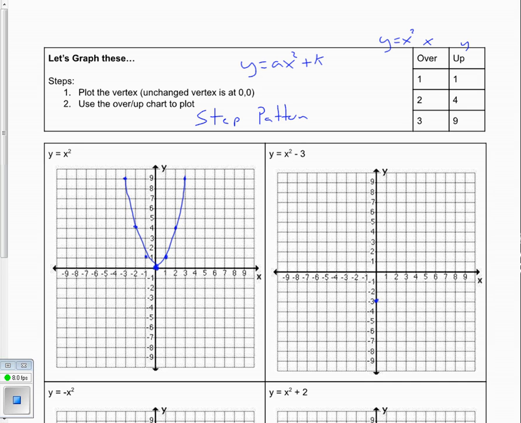We're still able to use our over-up pattern because the a value hasn't changed at all. It is still positive 1. So I can still go over 1, up 1. I can still go over 2, up 4. So 1, 2, 3, 4.